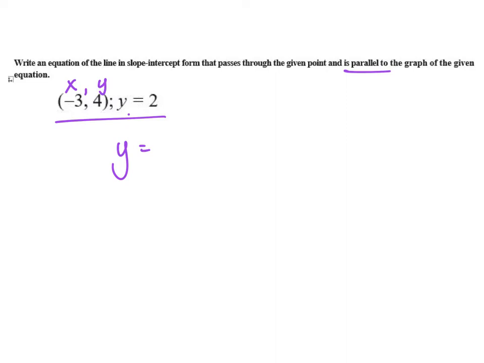What is the y value of the point that the equation has to pass through? 4. So then what does y have to be equal to? 4. Good. Thank you, Eric. Yes, 4. So that means, and when I graph these two, they're going to be parallel lines, parallel horizontal lines. One would be y equals 4, and this one would be y equals 2.